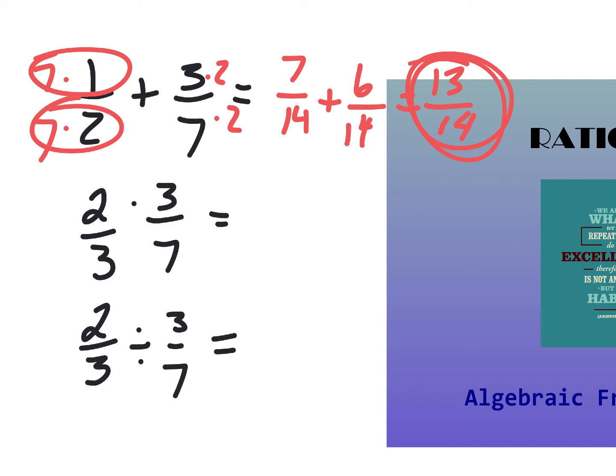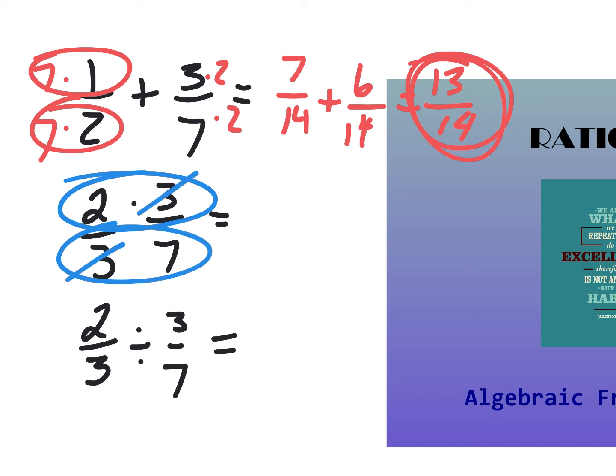Okay, how about on the multiply problem? JP, did you notice that something would cancel in the multiply, or did you just make it 6/21? Either answer is okay. I just multiplied across. And you got 6/21? Yeah. And the problem with that is that they factor into 2 times 3 and 3 times 7. See how they're already factored? So when they're already factored like this, just cancel right away.